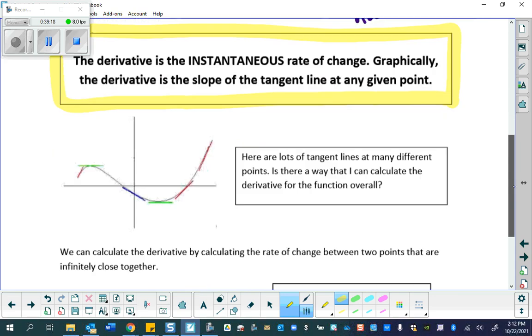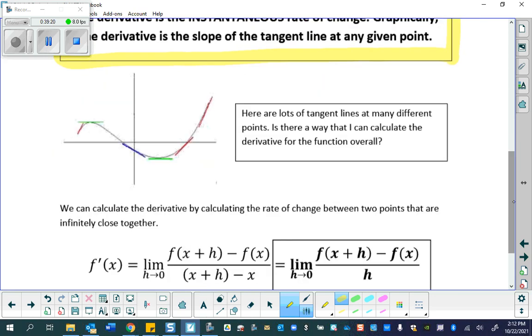All right. So here are lots of tangent lines at many different points. And is there a way I can calculate the overall derivative for the function? So I'm going to have a function, and there's an infinite number of x, y ordered pairs that sit on that line, and I can do the derivative at any one given point, but that function has a big shape, so I need a rule, I need an equation, I need a formula that I can use to calculate that derivative at any given point as soon as somebody gives it to me.